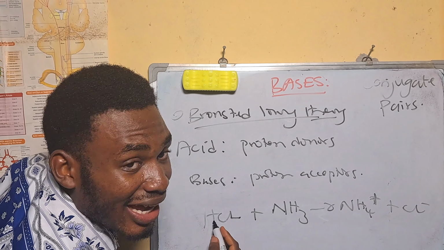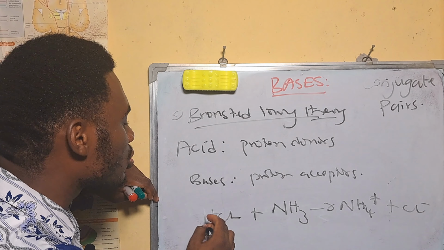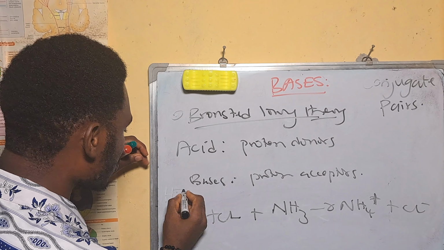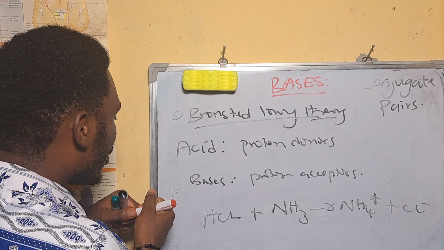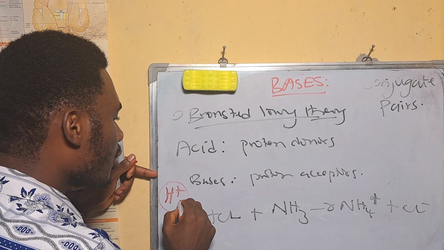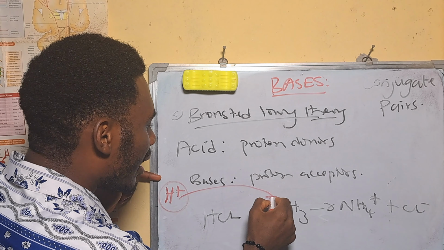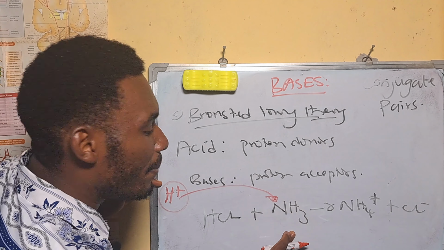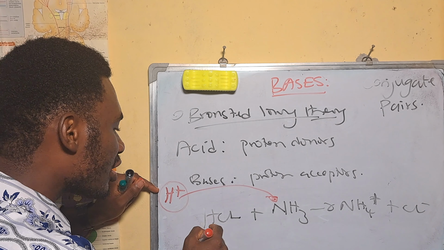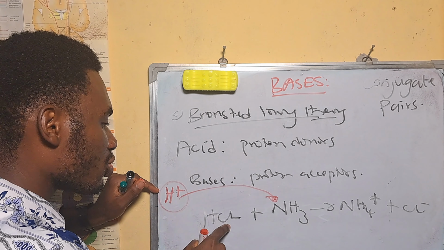When this hydrochloric acid ionizes, it's going to dissociate to give a hydrogen proton, that's H plus. This hydrogen proton comes and attaches to this base here. So this hydrogen proton is coming from here.